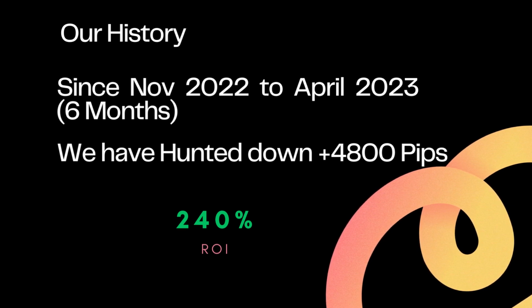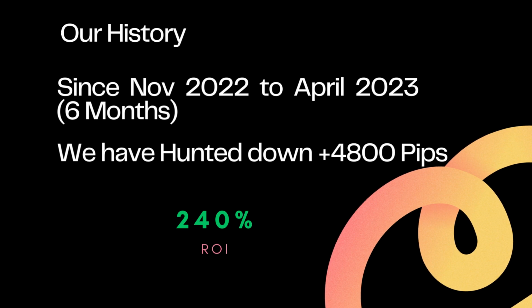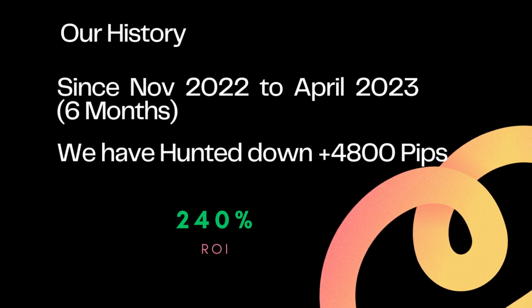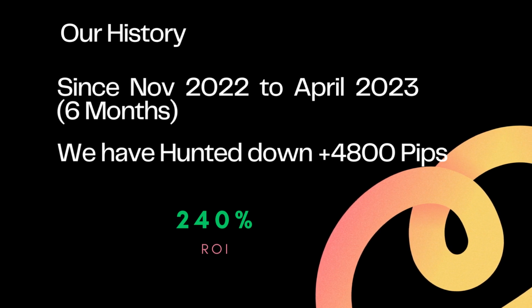So we advise to use 5% lot size, but even if you risk between 8 to 10% lot size, it is also good, because we don't clutter our group with a lot of signals. We basically provide around 5 to 6 signals in a week. So once one signal is given, normally we will wait for that signal to complete before going for the next signal.